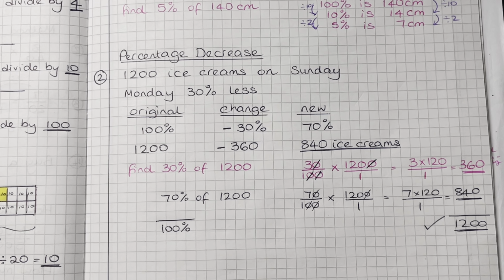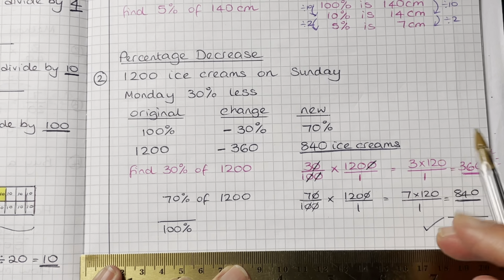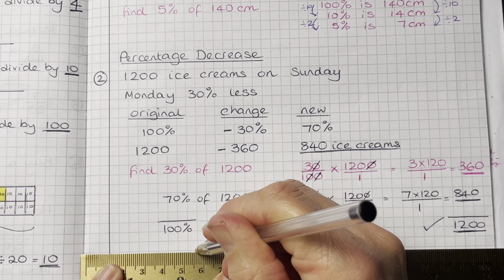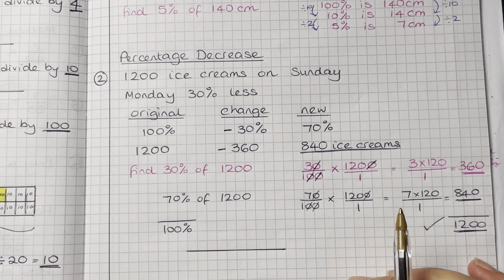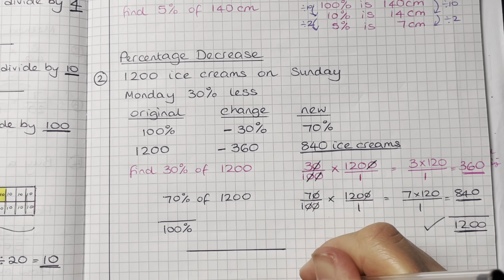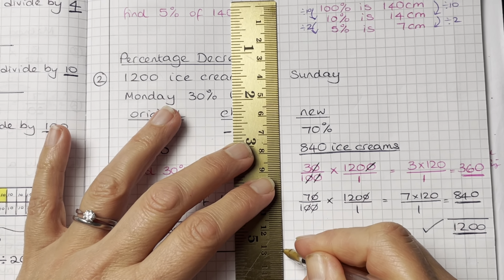The other thing I can just mention is that I could draw this as a bar model. It's always nice if you can visually represent what you're doing as well. So let's have a look at what we've got here.